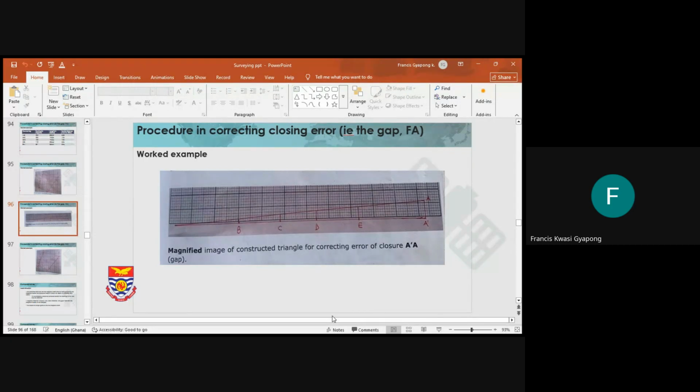The label will be here. So when I mention the figure or the alphabet, you should know the one I'm talking about.